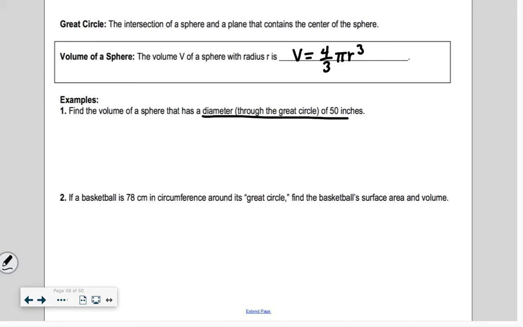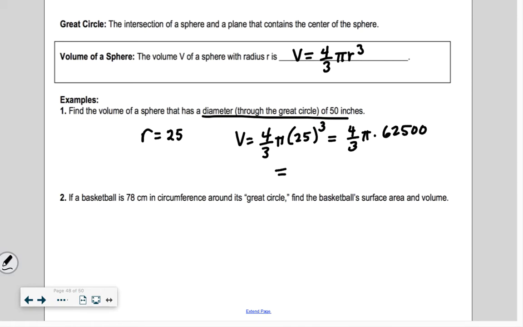So if we have a diameter of 50 inches, that means our radius is 25. All right, so same idea. The volume is equal to 4/3 pi 25 cubed. So I'm going to do the 25 cubed part first. Oh wait, hang on.